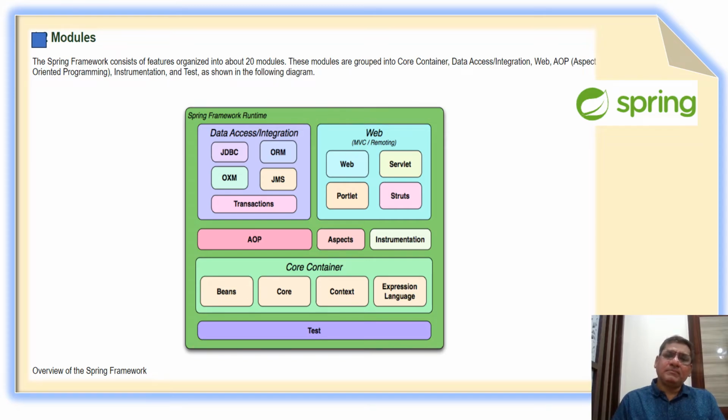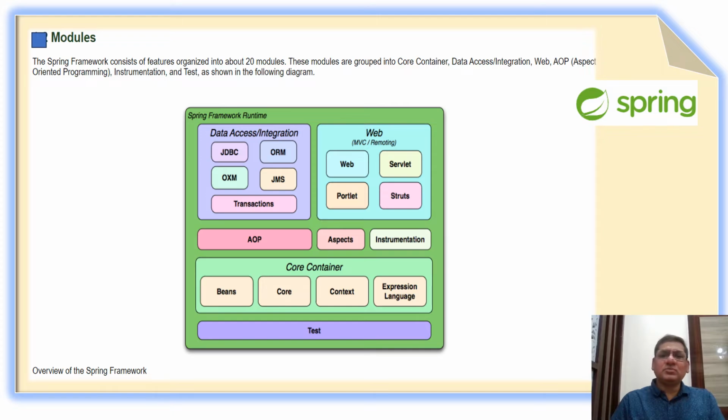The basic libraries, all the things are available under core container. It's like a bean container, right? Core container means, if you talk about Spring framework, it's all about creating the instances of beans, right? So we have beans, context, application context, the expression language, all the things come under core container.